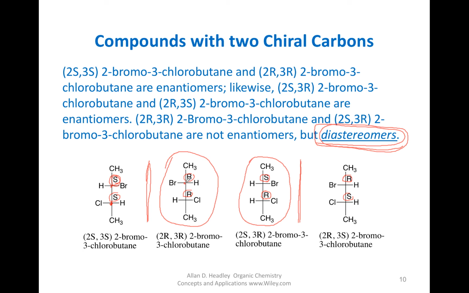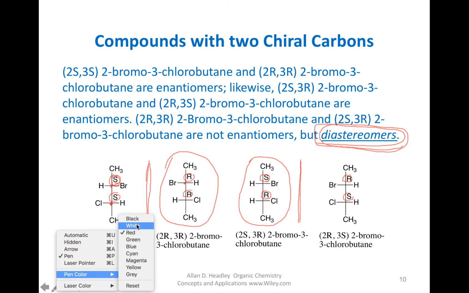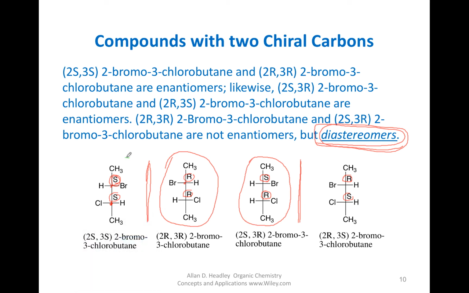So, conclusion. If you have this molecule here, let's use green, and this molecule here, the question is, what is the relationship? You can tell because this is S and S. This is R and S. So they're not opposites.